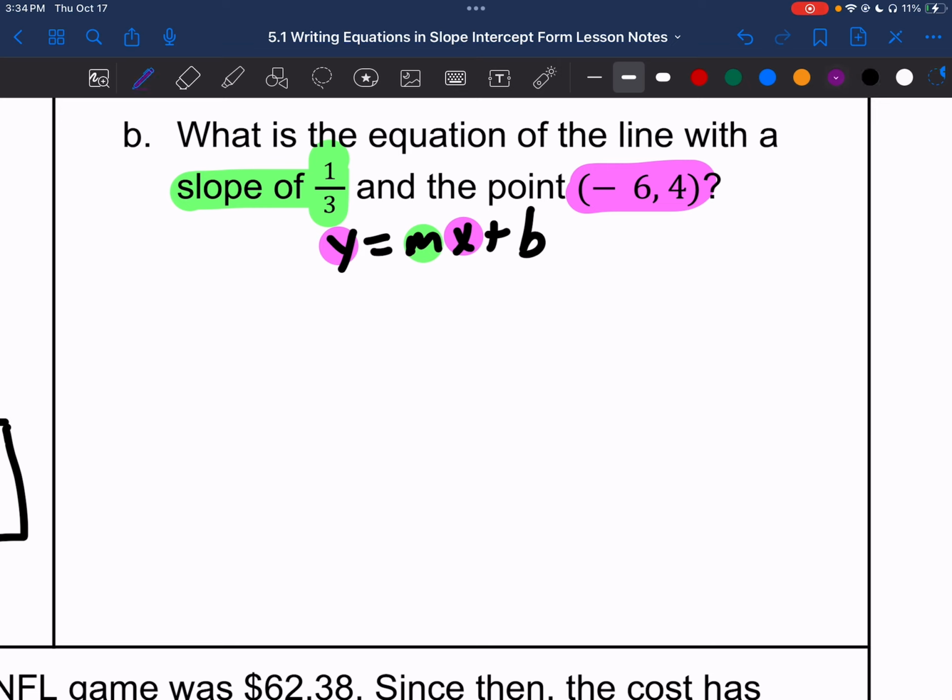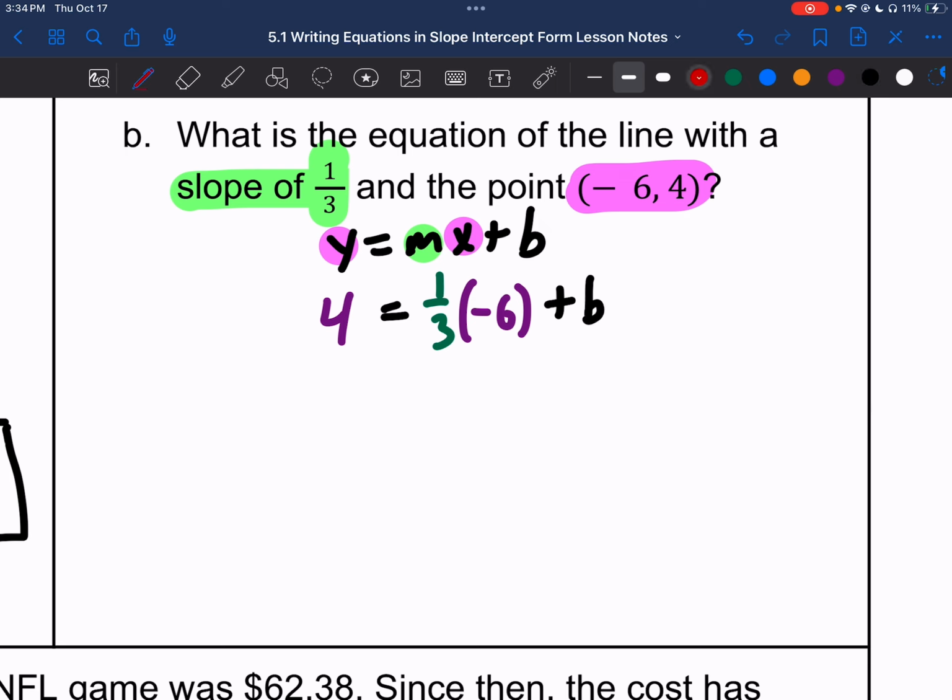So if we substitute these pieces in, 4 goes in for y, and we're equal to our slope, 1/3, times our x value, which is -6, and then we're adding b to it because we're trying to find what b is.